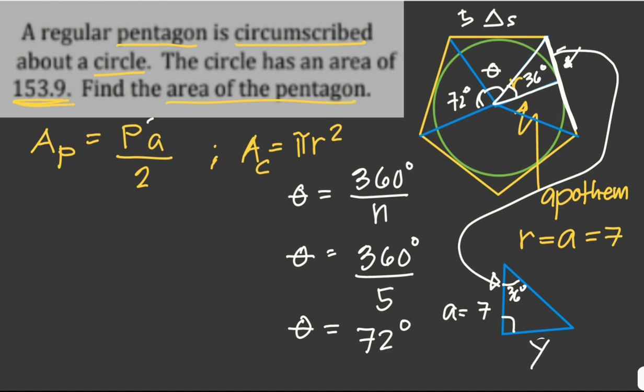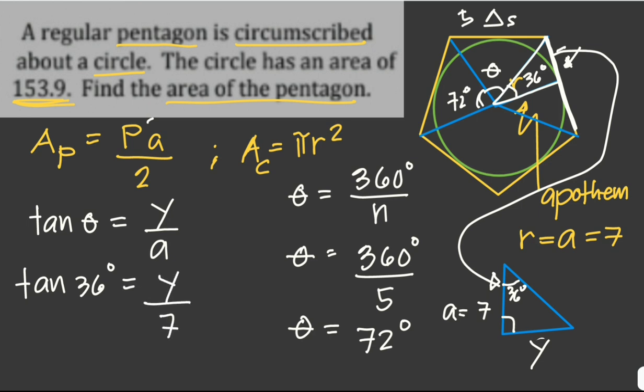Now to solve y, we can use the trigonometric function tangent. Tangent theta equals opposite over adjacent. So the opposite side of angle theta, which is equal to 36, is y. So that is y over the apothem, which is 7. So this would become tangent 36 degrees equals y over 7.